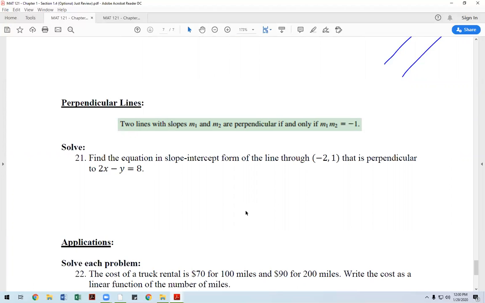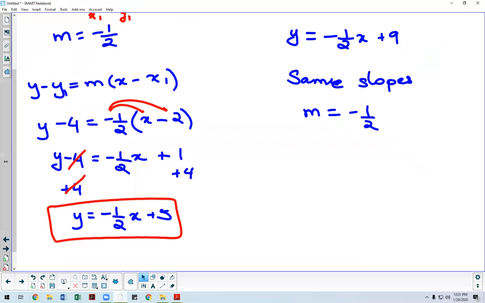They are saying that if I take a product of my two slopes coming from the two perpendicular lines, they're going to multiply to be -1, which actually means that the two slopes are going to be negative reciprocals of each other. So going back to our previous example, if one of them is -1/2, the second slope for a perpendicular line has to be +2.